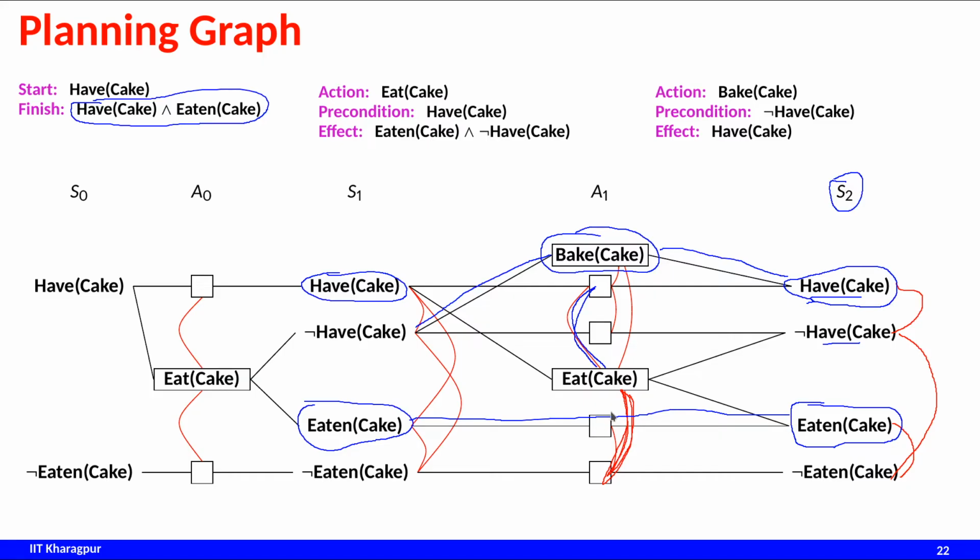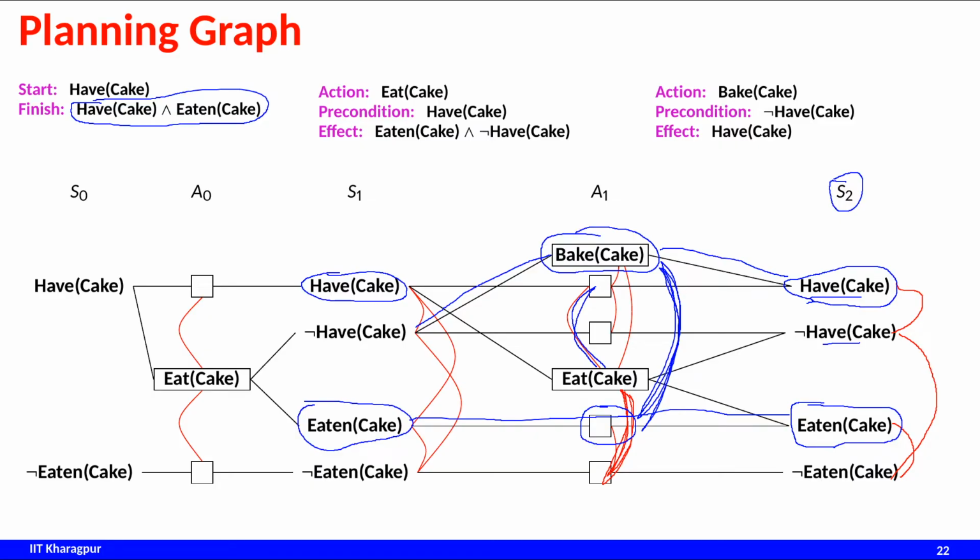Now if you look into this persistent action, eaten cake, and the bake cake, they are not mutually exclusive, so I do not have any issue for that. So these two literals can be generated together, so they are not mutex literals.